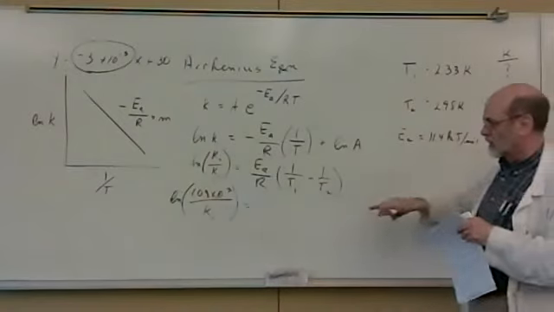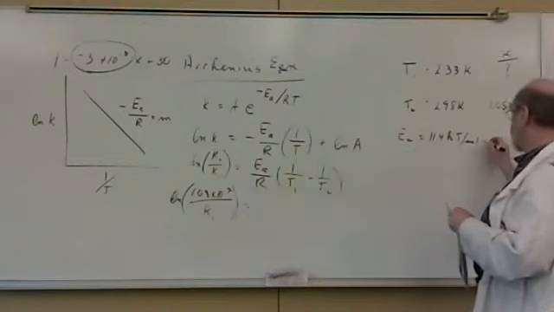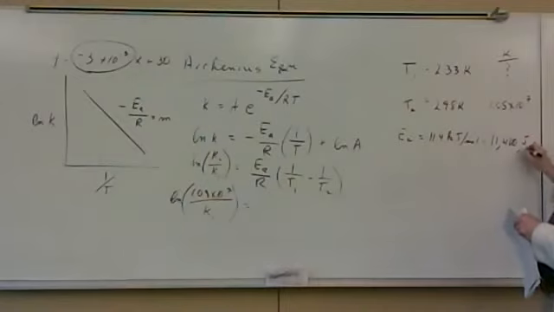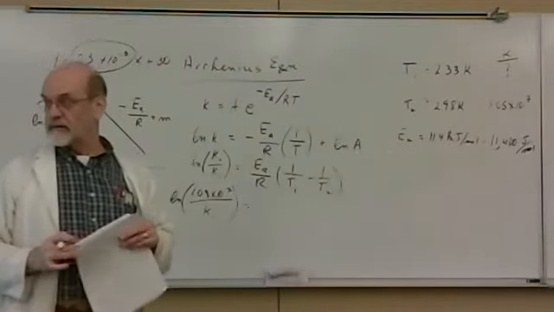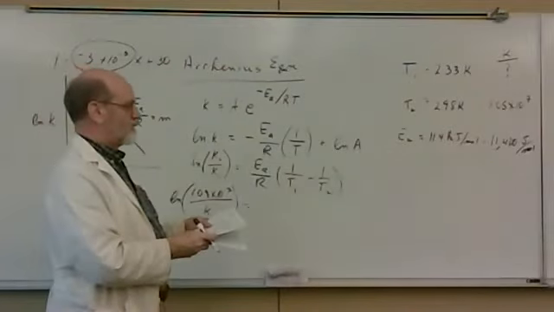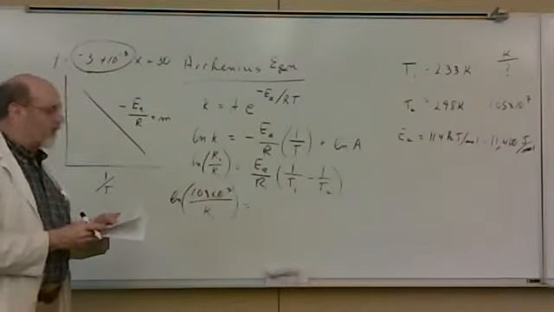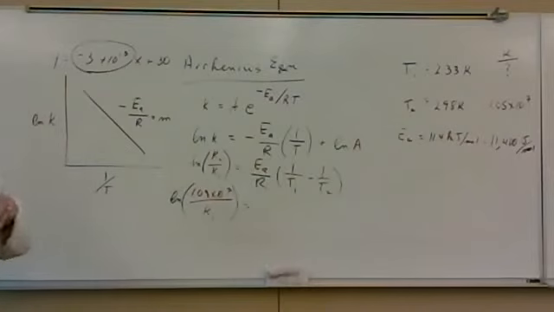It's kilojoules, but this is in terms of joules. So this has to be 11,400 joules per mole. You got to change it to joules. All your units have to match. It's the same activation energy because it's within the range of 195 to 304, or inside. If we get outside that range, then there's probably some deviation from that value.